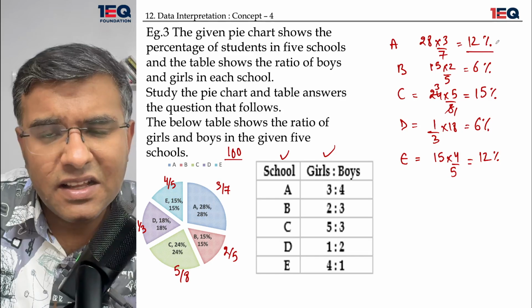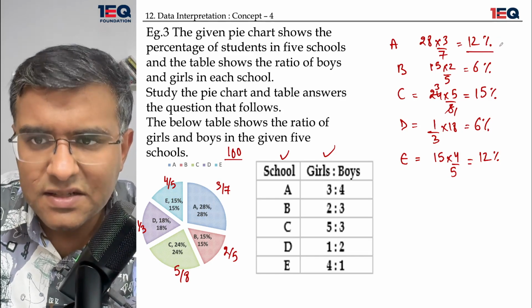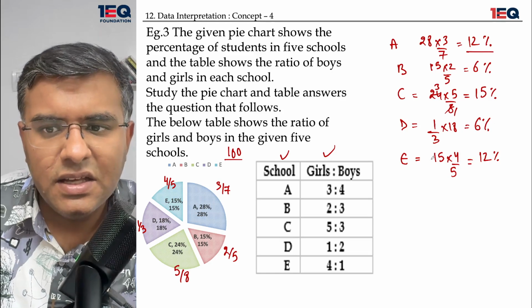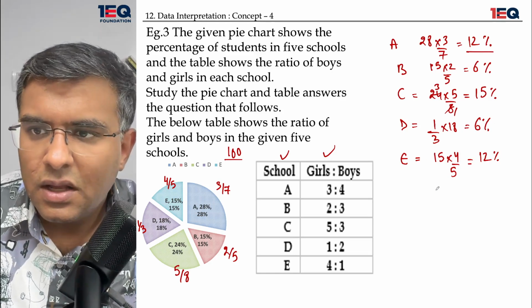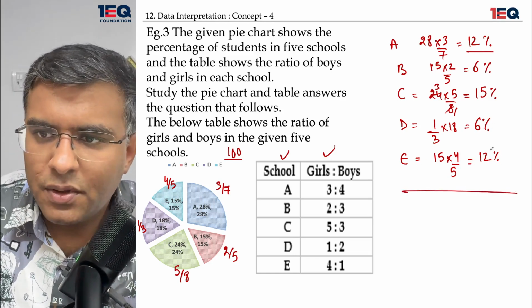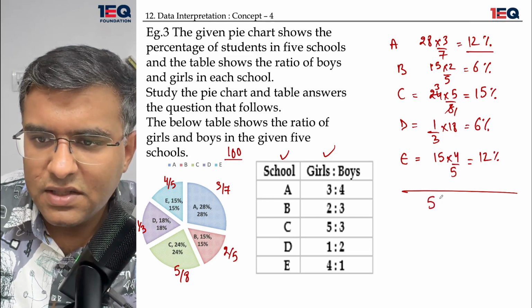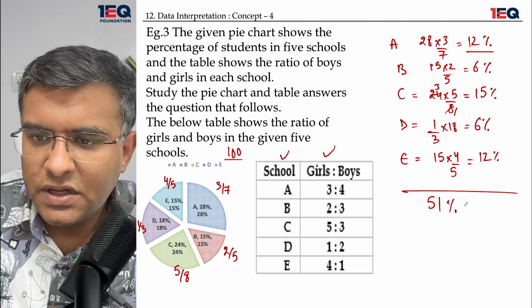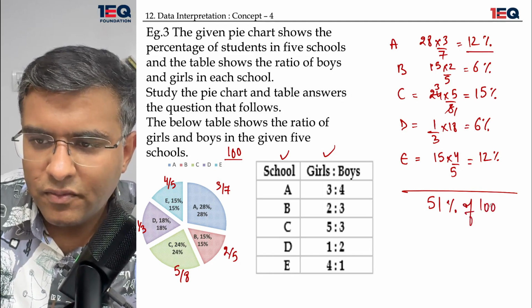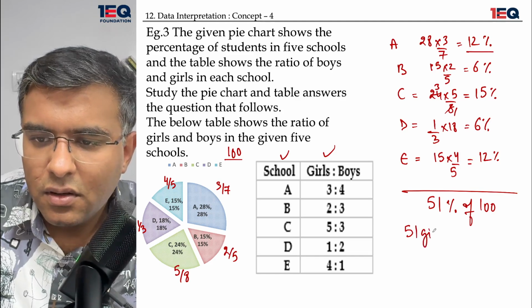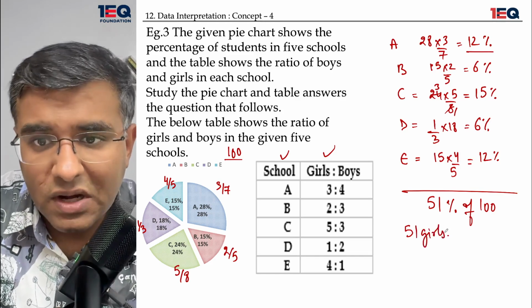So there are 12 girls in A, 6 girls in B, 15 girls in C, 6 girls in D, and 12 girls in E. If I add all of this up, this gives me 36, 51. This gives me 51% of 100, which I assume to be the total number of students. So there are 51 girls. What does the question say now?